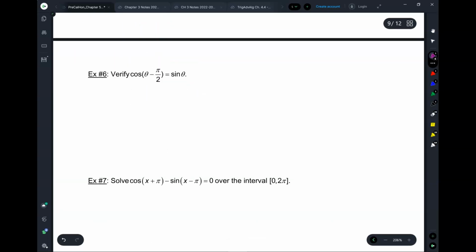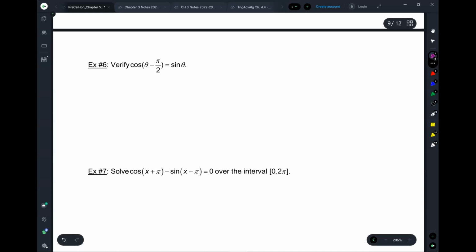Okay, we're going to do one more. Okay, and then we'll stop there. So we're going to work on the left-hand side. Why don't you go ahead and expand.